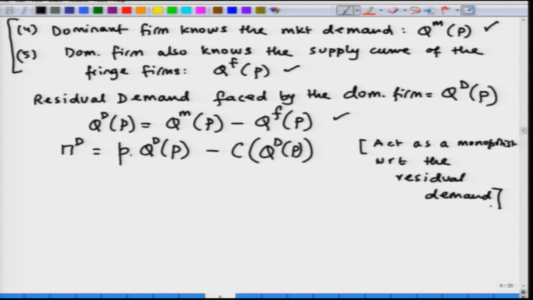So, in other words, I could set the marginal revenue for the residual demand curve equal to the marginal cost, or I could figure out what the optimal price is and thereafter figure out what the optimal quantity is.